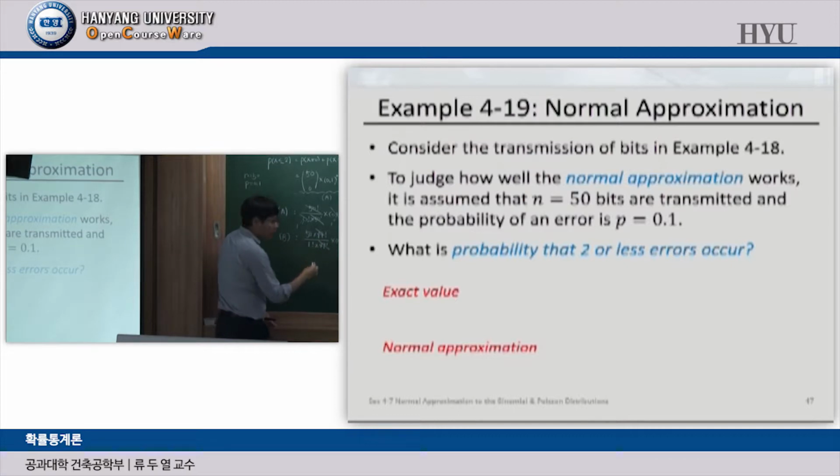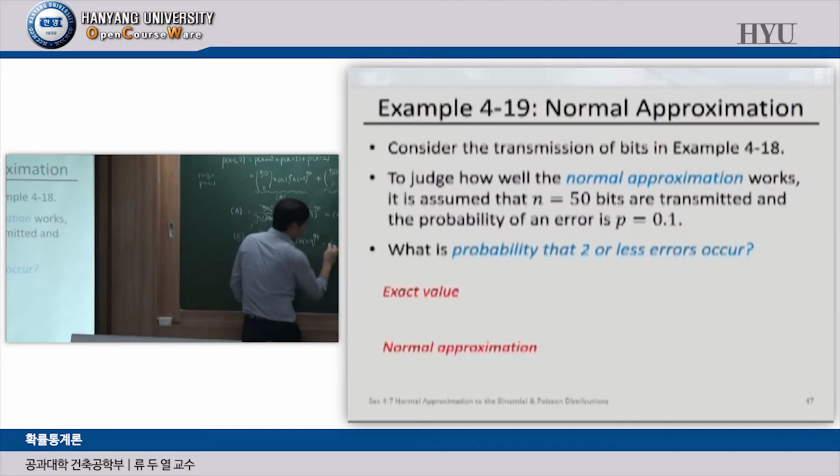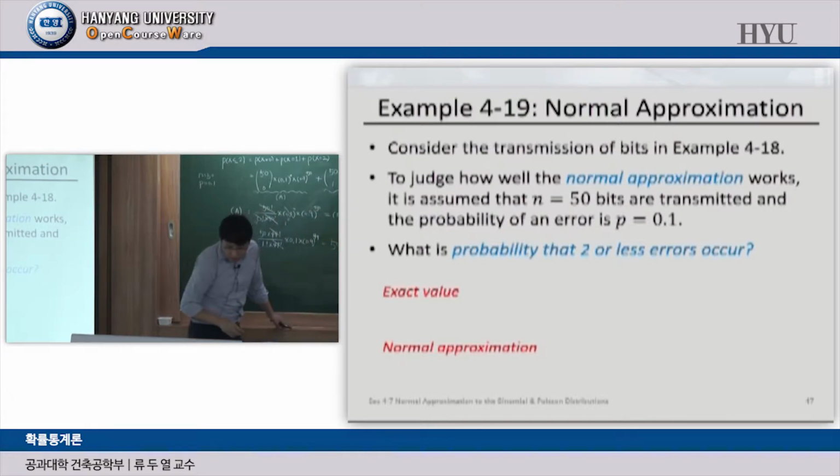This can be eliminated, so this will be 50 times 0.1 times 0.9 to the 49th power. That is equal to 0.02863. Okay?